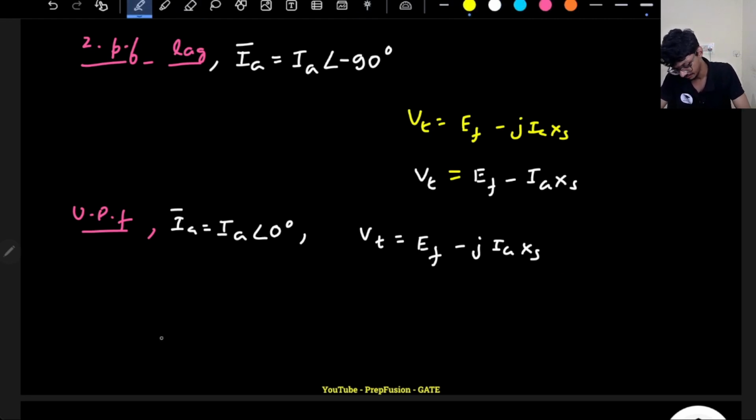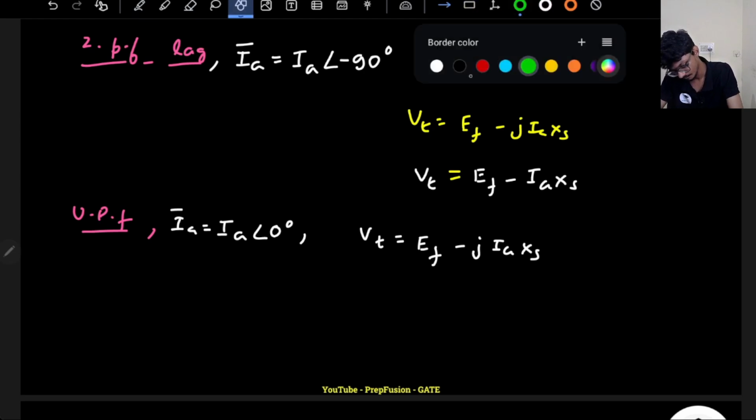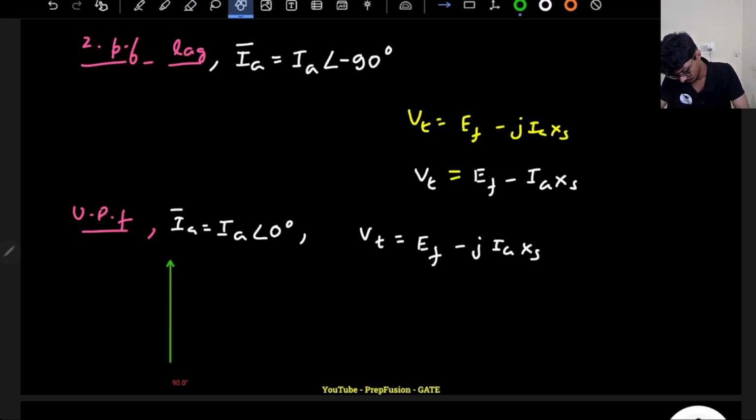If I use a phasor diagram, we have to assume a few points. Let us assume that my EF is constant. So EF is here.